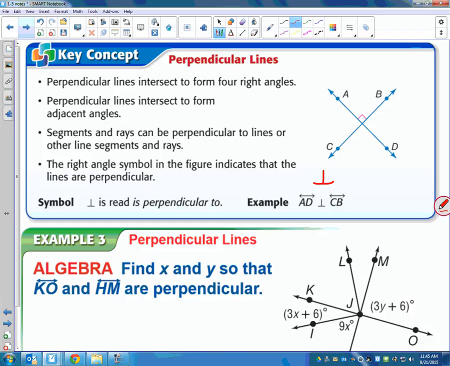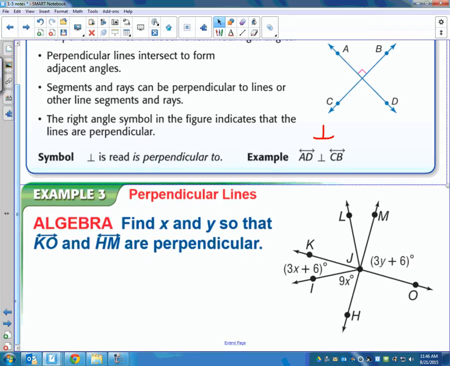So again, you know that word, and so now they can just give you questions, and you can use the fact that you know about adjacent angles and vertical angles and linear pairs, complementary, supplementary, and perpendicular lines to find some missing angles. So let's look at this example here. This lovely picture. It says, find x and y so that line KO and line HM are perpendicular.